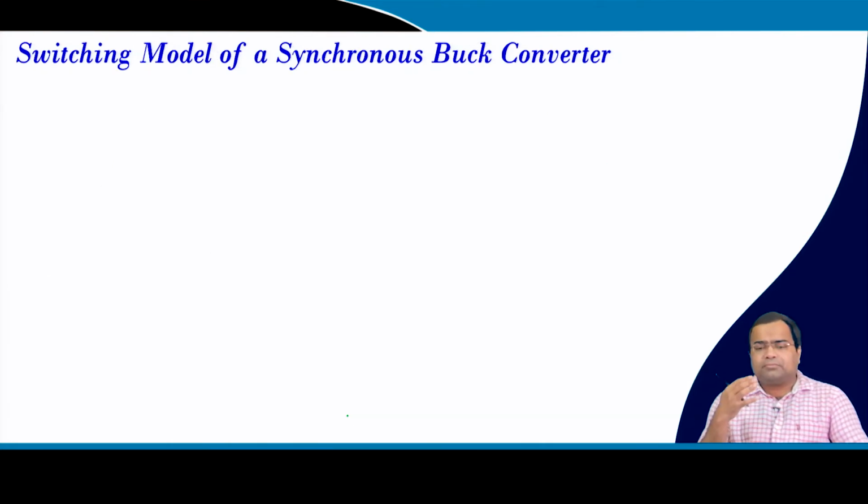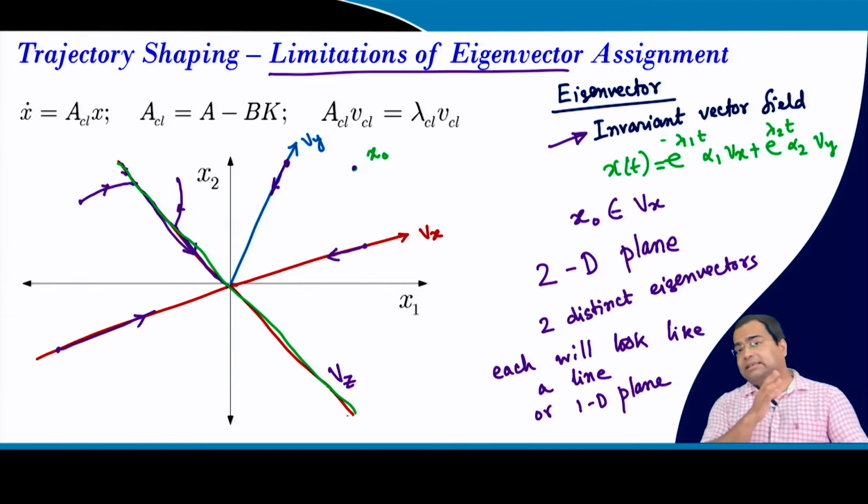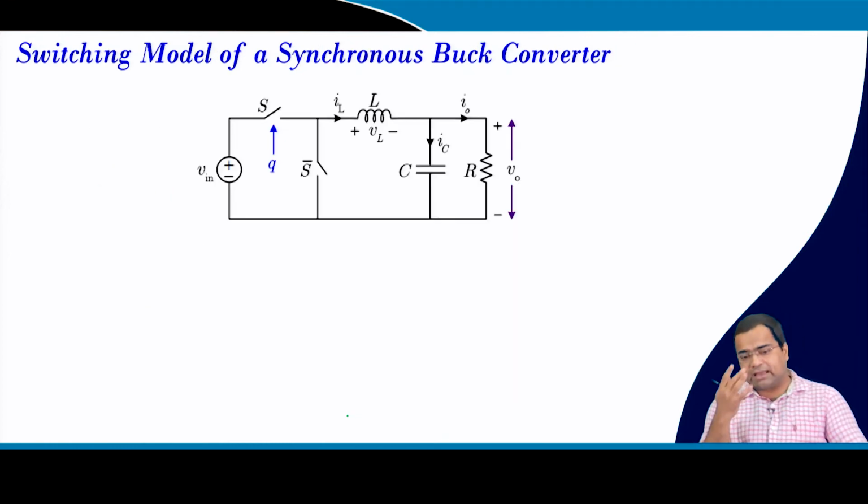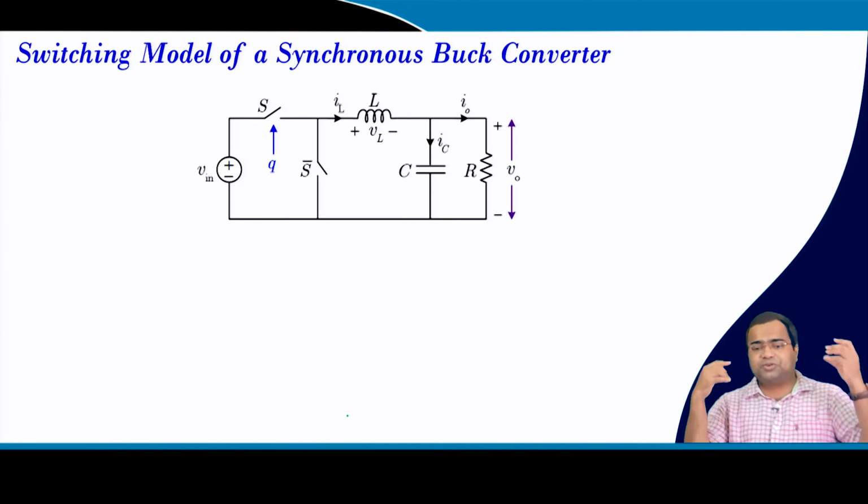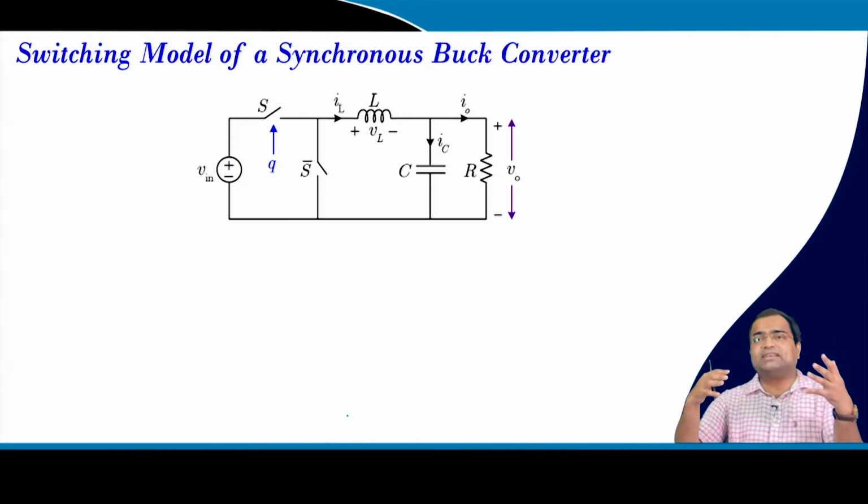You will soon find that this might be possible if you incorporate switching control. Simply by linear control it is not possible. But interestingly, a DC-DC converter is a switching converter. If you apply a switching control, that means it is a discontinuous control.